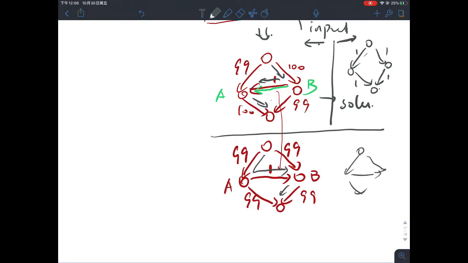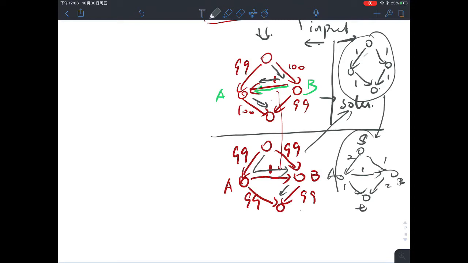This time, this is what we get: 2 1 2 1 1 0 0 0. This is S, T, A, B. This is after we find this augmenting path and integrate the new flow with the existing flow, and then we get a new flow.